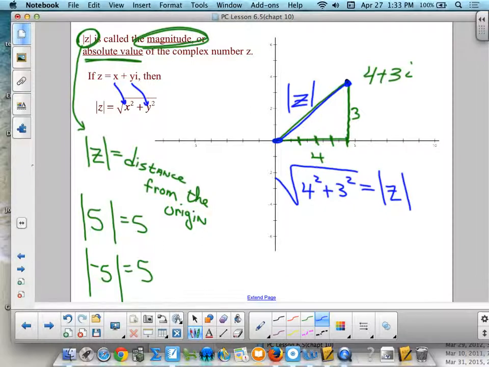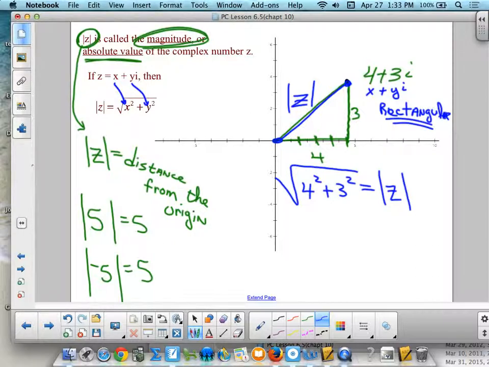So guys, when you see a complex number written like this, this is x, this is y, this is known as what form? This is known as rectangular. So whenever you see a complex number written with a real number followed by an imaginary part, that is rectangular.